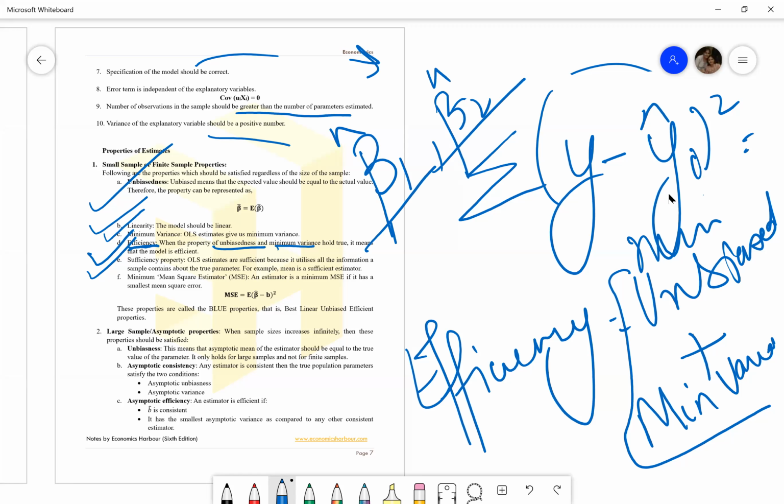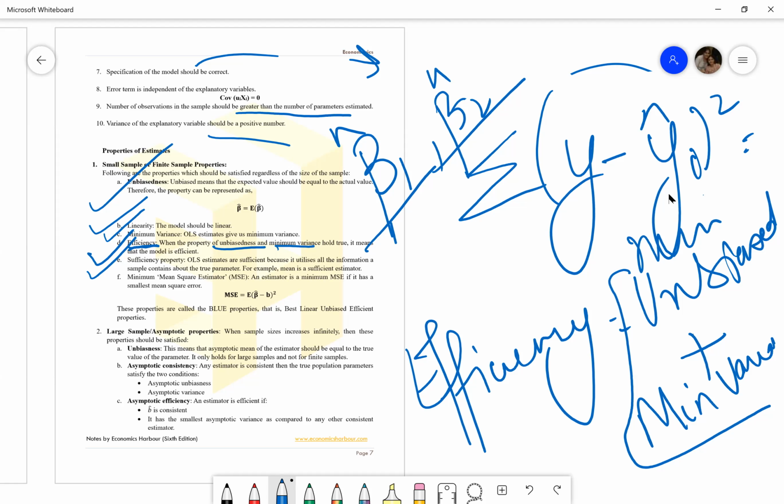And when it does, we say that it is a sufficient estimator. You can use it in a similar way as you use your population parameters.